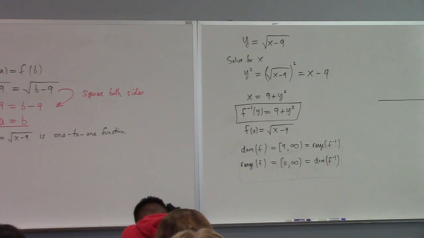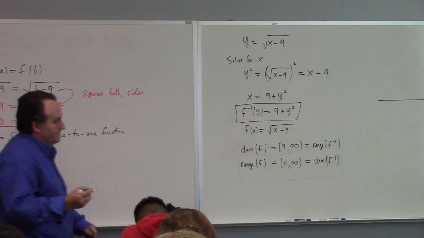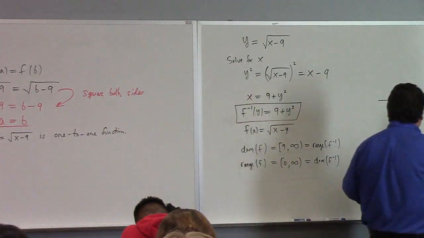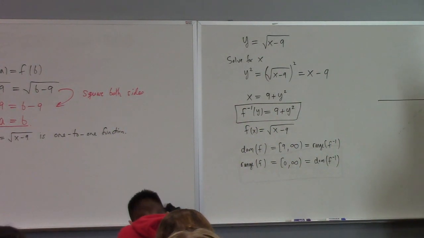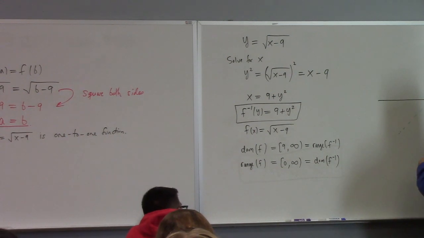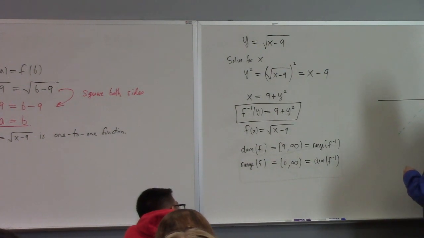So what's the graph of the inverse function look like? The reflection across that line, right? So this point, which is 9, 0, flips up to this point over here, which is 0, 9.